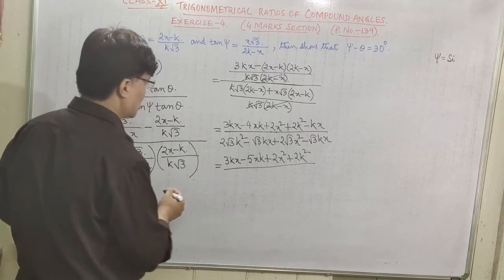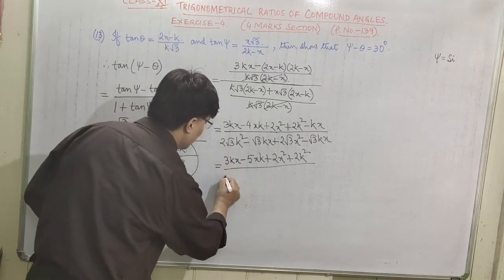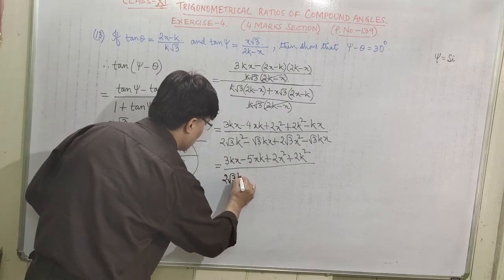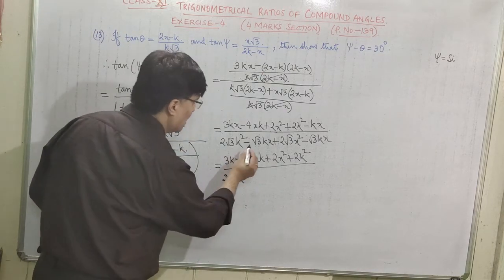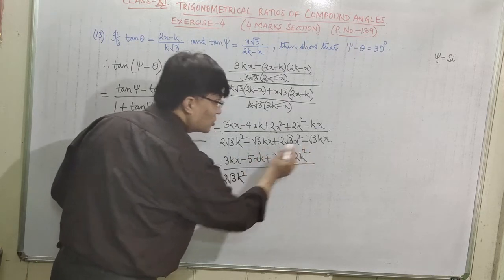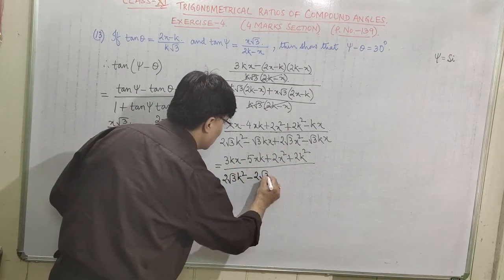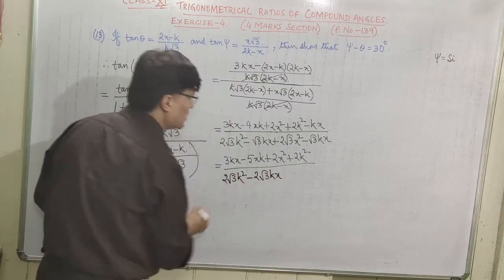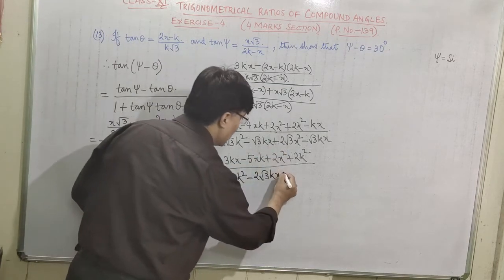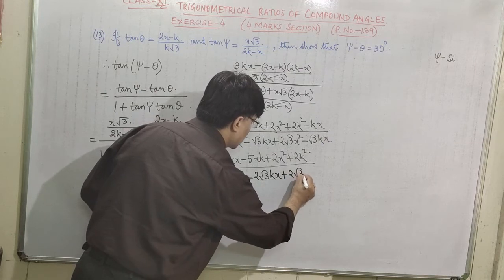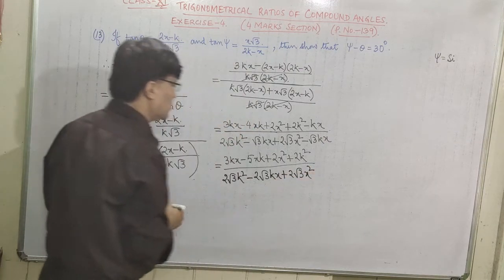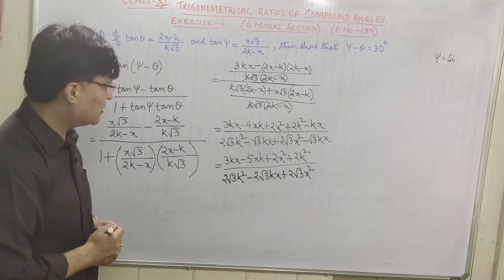So in the denominator, here we have 2 root 3 k square. This is the only expression here. Minus root 3 kx minus root 3 kx. Same sign, you have to add them. Minus 2 root 3 kx. Okay. Then plus 2 root 3 x square. Plus 2 root 3 x square.